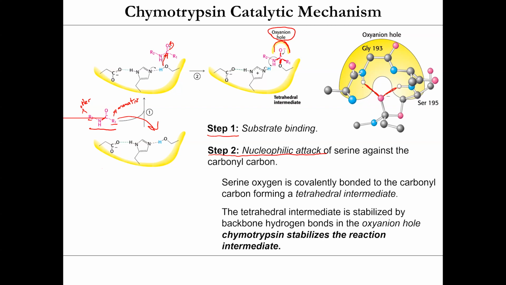In this case, it's called the tetrahedral intermediate. So we talked previously about how important that was. This is one of the mechanisms that chymotrypsin uses to stabilize that transition state, and it's through these hydrogen bonds from the amino groups in this oxyanion hole.